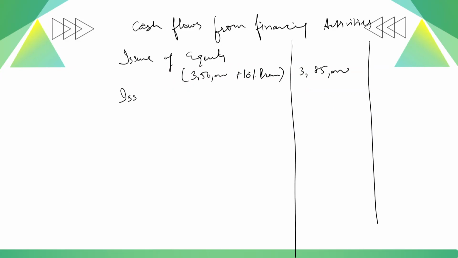So, when we show here the issue of debentures of 2 lakh, out of this 2 lakh we will deduct a discount of 5%, which comes to 10,000 rupees. So, the proceeds will be 1,90,000.